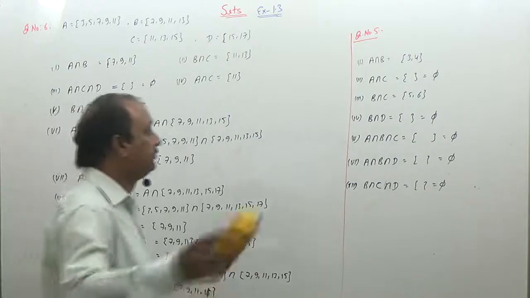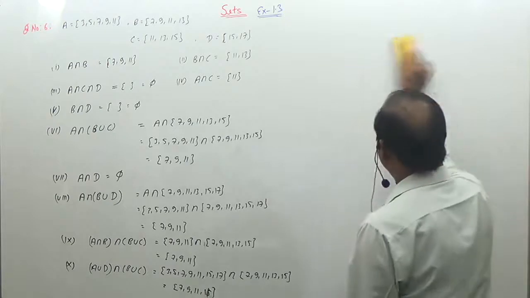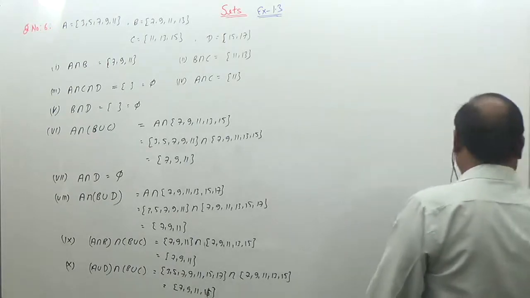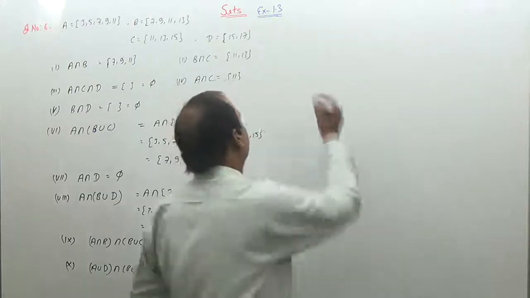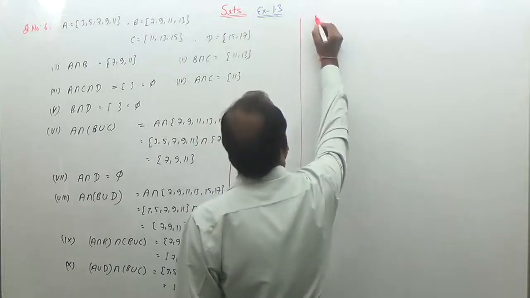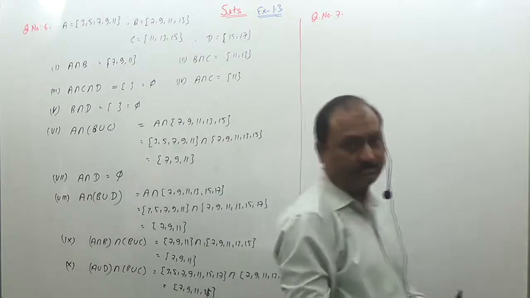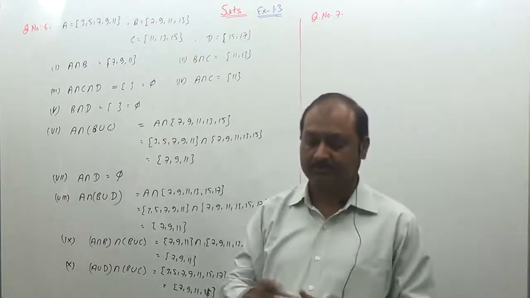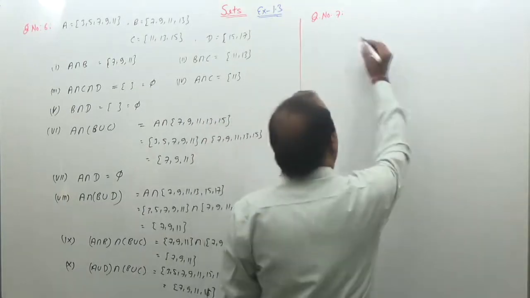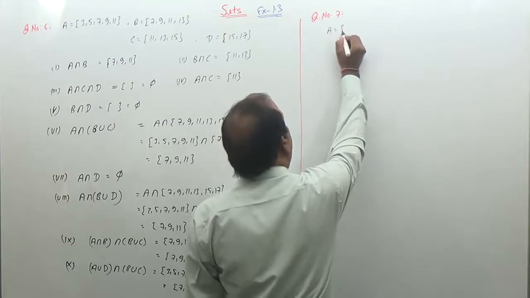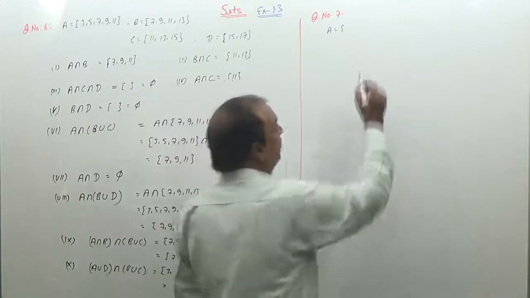Now next is question number 7. Question 7 is set A: X such that X is a natural number.